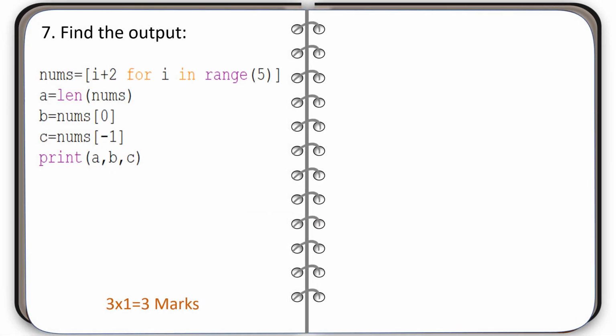Question number 7. Find the output of the given code. This time the list is being generated using comprehension. So be careful. Create the list first and then find the output. And the output is this one.